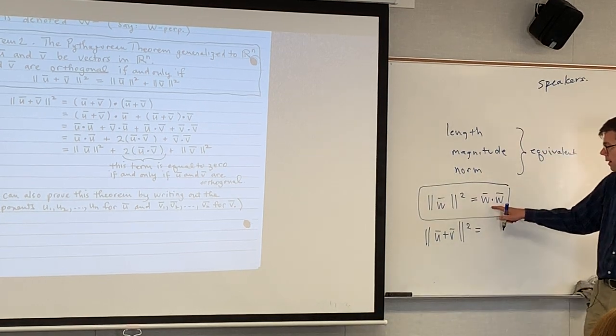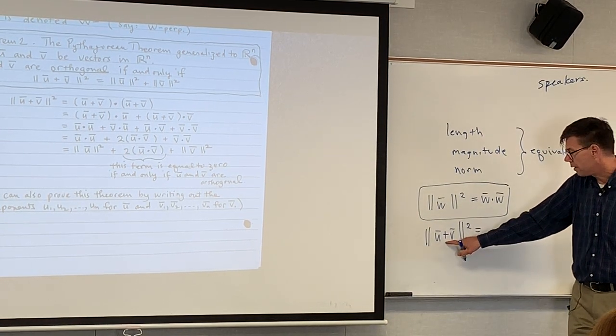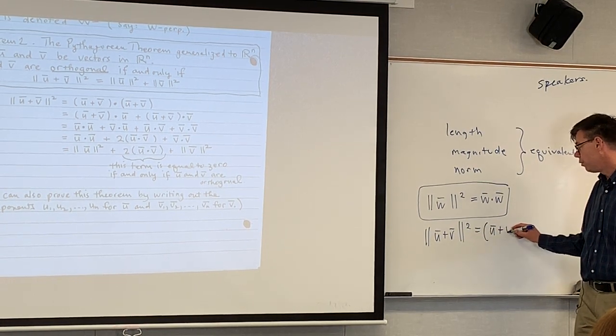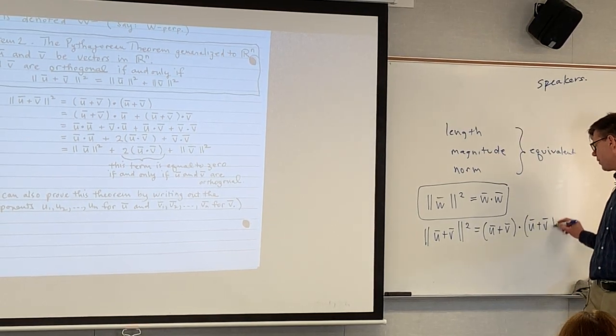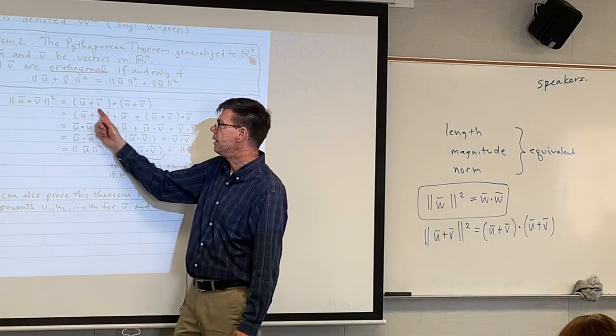So applying this idea from the previous page to the length of u plus v squared, that's got to be equal to u plus v dot u plus v, just so that first line makes some sense for you, right? Right here.